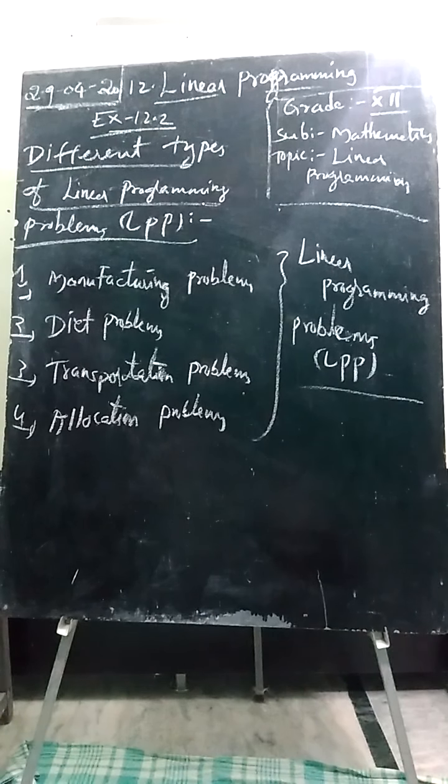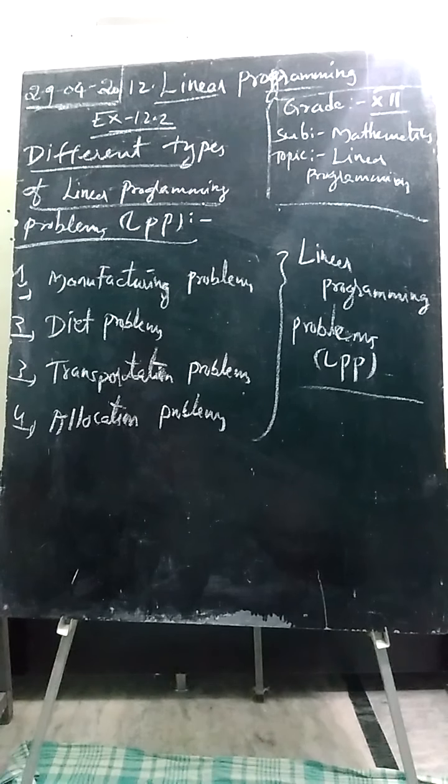Allocation problems: allocating work to complete one big work, a combination of work. For example, constructing an irrigation project or some other project planned by the government. So allocating different works to complete in minimum time with minimum production cost. For all these we can frame linear inequations and objective functions.